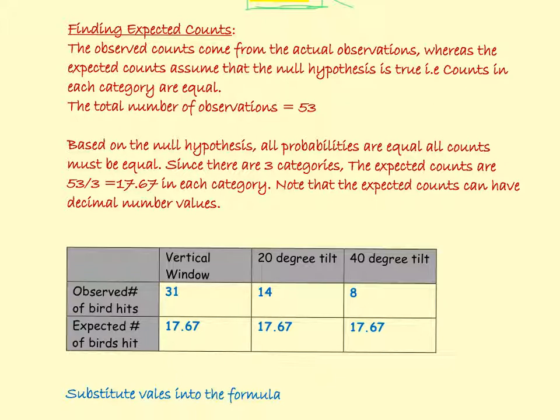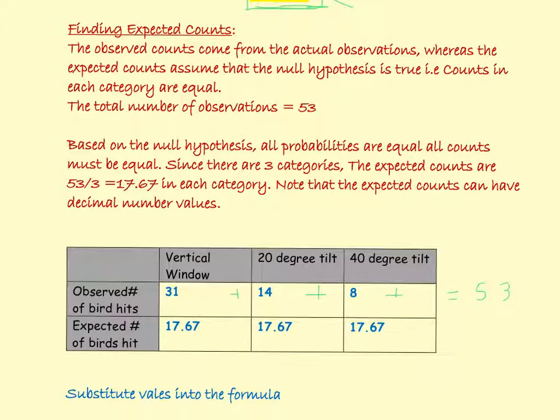The null hypothesis assumes that all 3 categories must have the exact same number of counts, which means the probability that a bird strikes any one of the 3 types of windows is 1/3. So if the total number of counts, that is 31 plus 14 plus 8 equals 53, that's the total number of strikes.